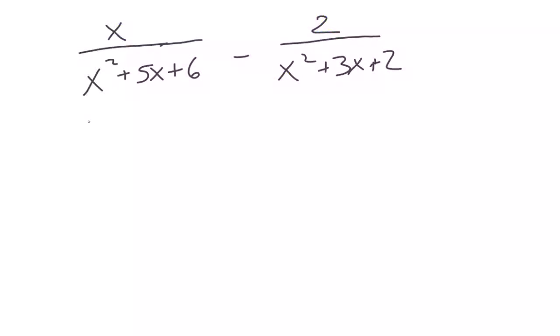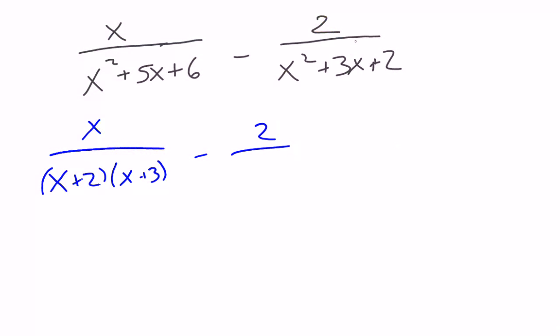Once again, in the last problem, I need to factor my denominators. So x plus 2, x plus 3, minus 2 over x plus 2, x plus 1. We already have an x plus 2 in both of them.